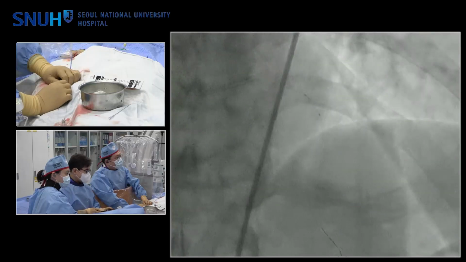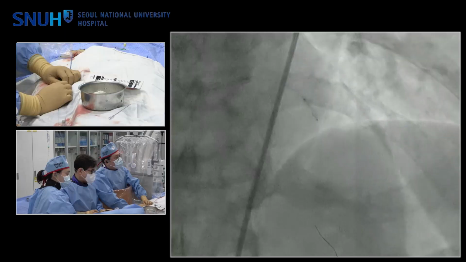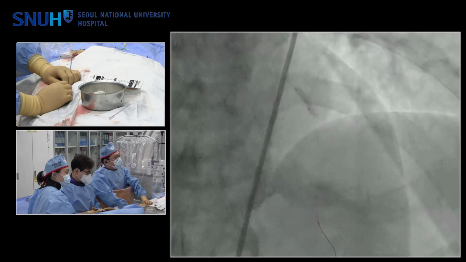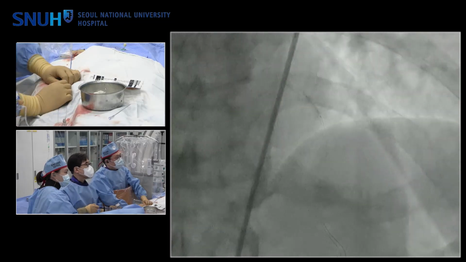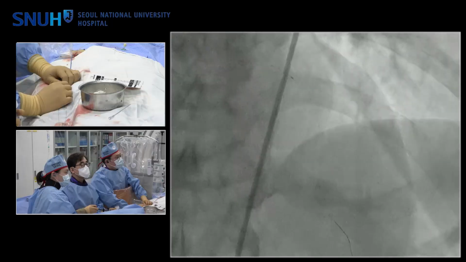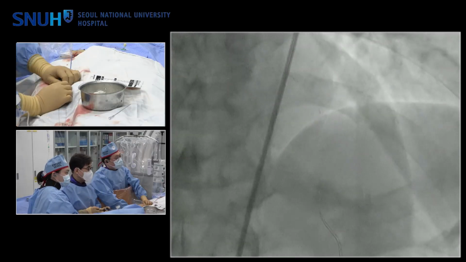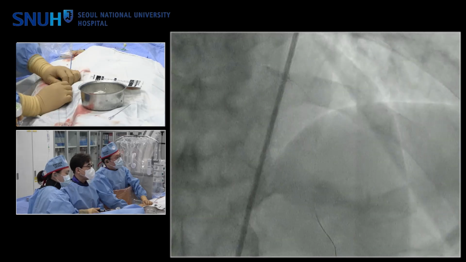What is the size? 3.0. The previous IVL balloon is also 3.0, right? We try to reduce the contrast dye used in OCT to minimize the OCT examination. So anyway, we have to do examination of OCT after NC ballooning.